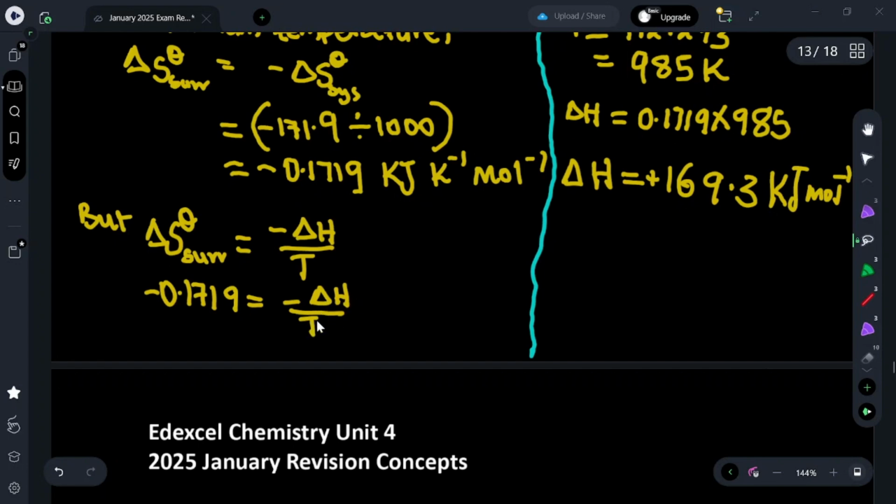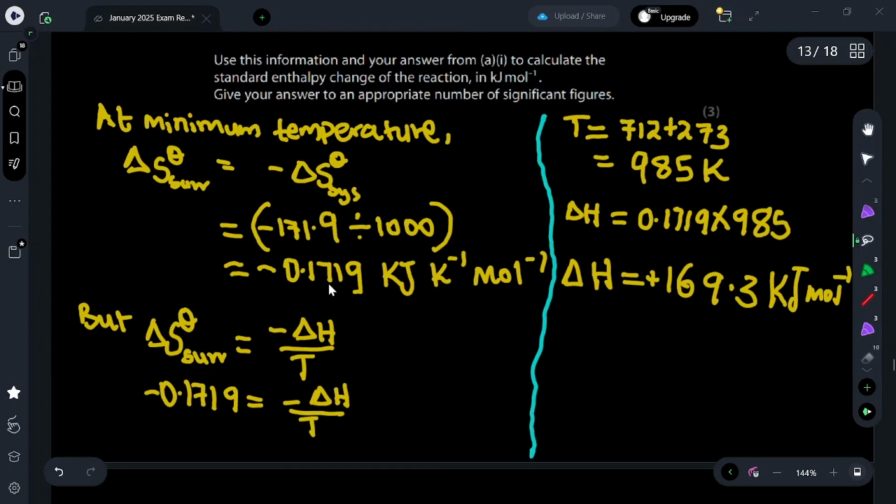That is the minimum temperature required. So we equate the entropy of the surroundings, which is negative 0.1719 kilojoules per Kelvin per mole, to negative enthalpy divided by temperature.